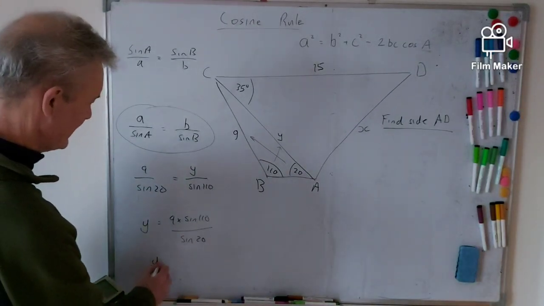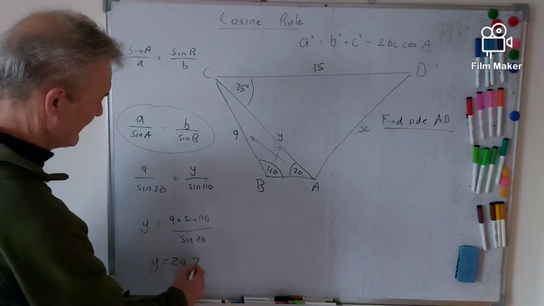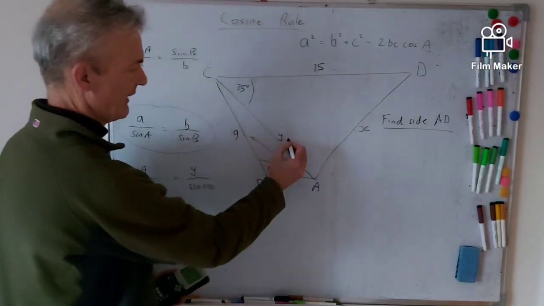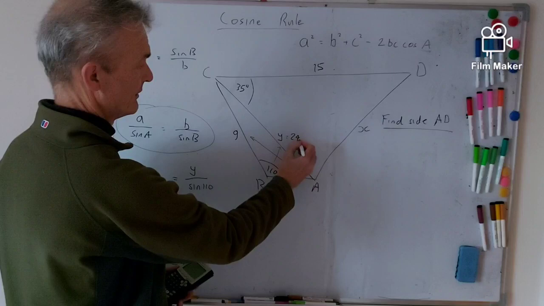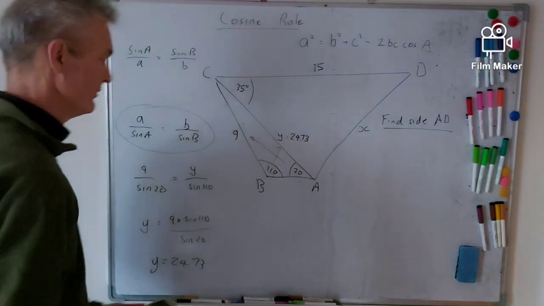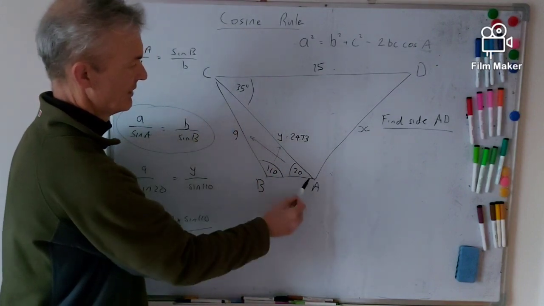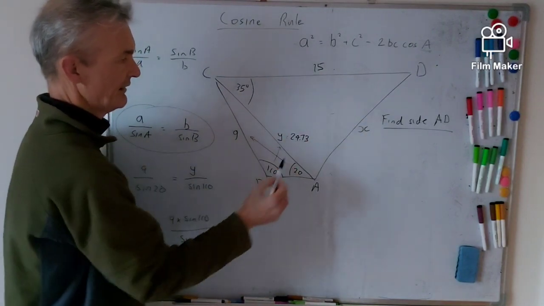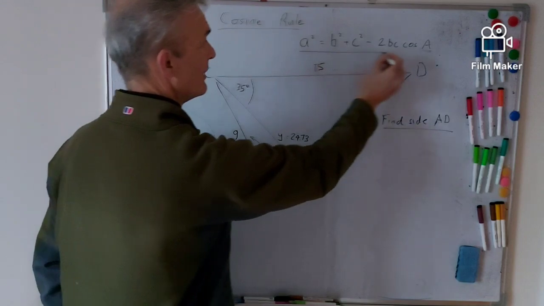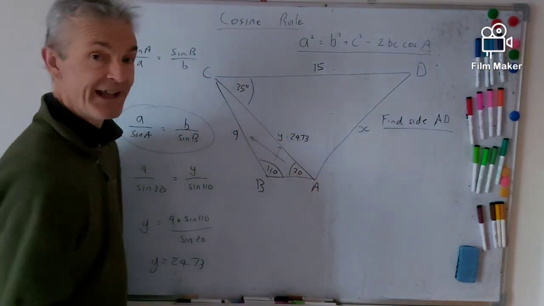Okay, so Y equals 24.73. So I can put that in now. So that's great. We've got this length now, that angle and that side. We can now use the cosine rule to find X.